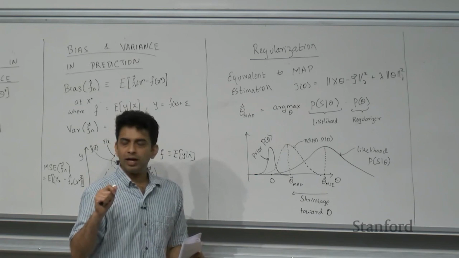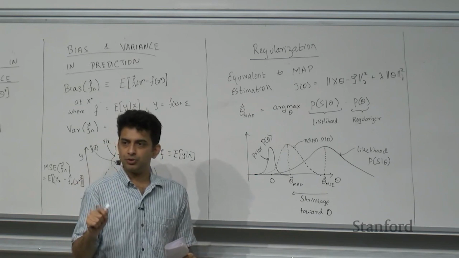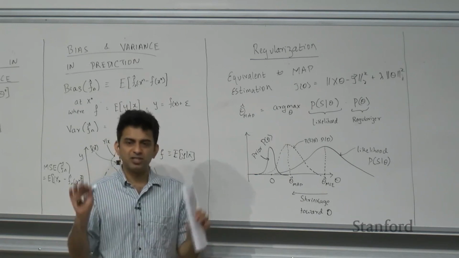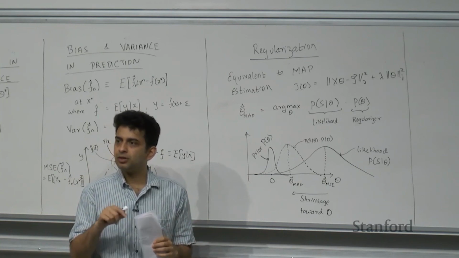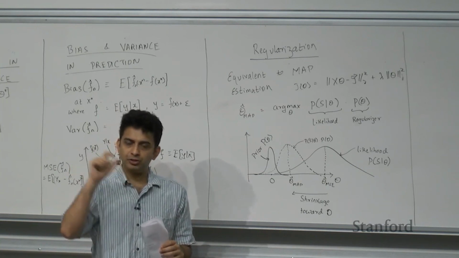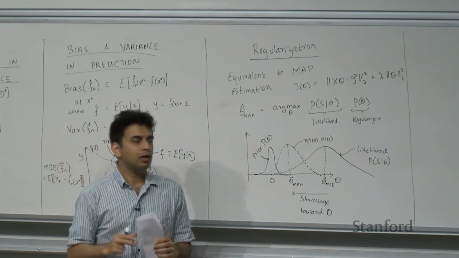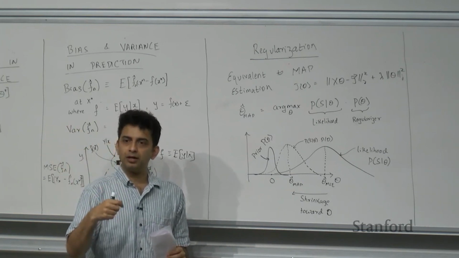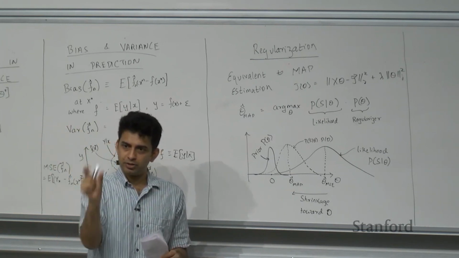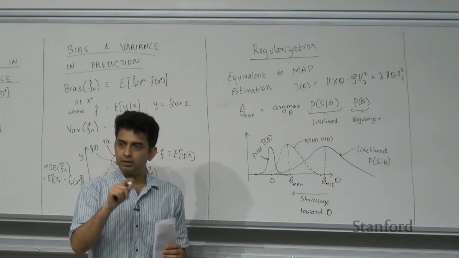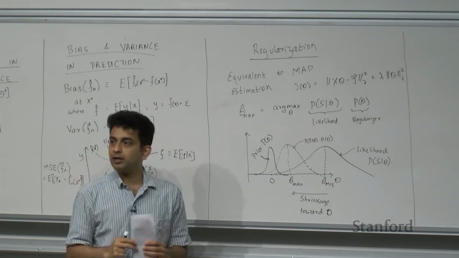Right, so that's another thing you want to keep in mind in general: whenever you assign something a Gaussian distribution or a Gaussian prior, it's going to show up as a squared error somehow. Because in the exponent of the Gaussian there is a square term, and when you take the log likelihood, the log and the exponent cancel out, and you're just going to end up with the square term.